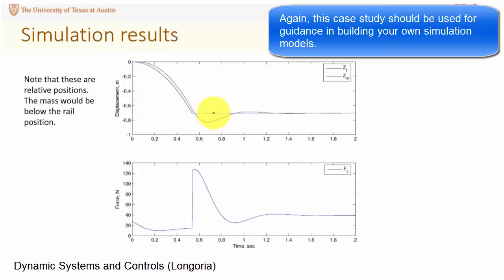You can see then that there's a sort of a peak kind of overshoot of the mass, and this might be a key parameter that you want to look at in terms of how the mass responds. Also, the other thing is you might want to know how long does it take for it to settle out and stop oscillating.